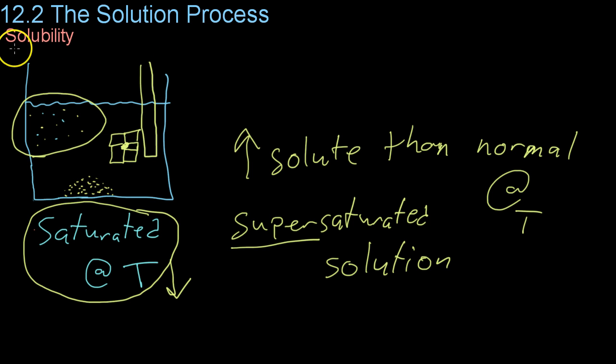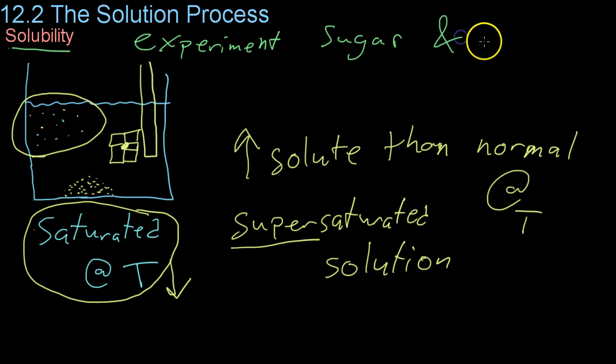Now, each individual solute is assigned a solubility value from some sort of experiment used in the past. For example, sugar and salt have different solubility values because they're different solutes.